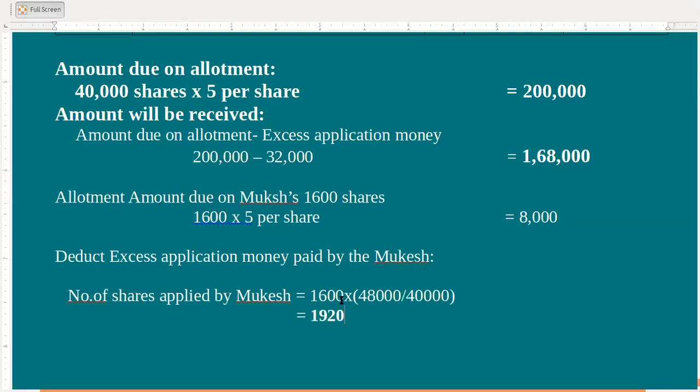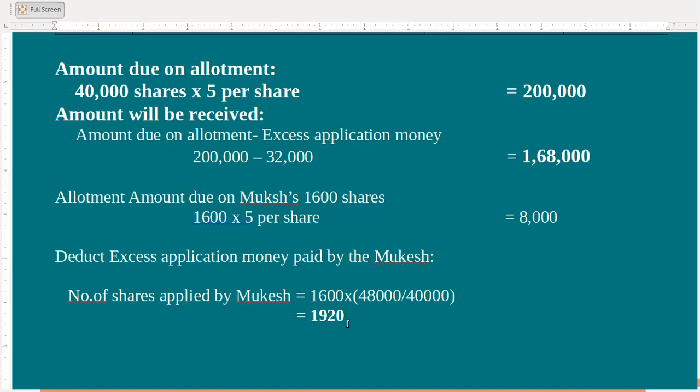Out of 60,000 applications, the number of shares applied by Mukesh is 1,920. After pro rata allotment, the number of shares allotted to Mukesh is 1,600. So here we have to calculate the excess application money received.